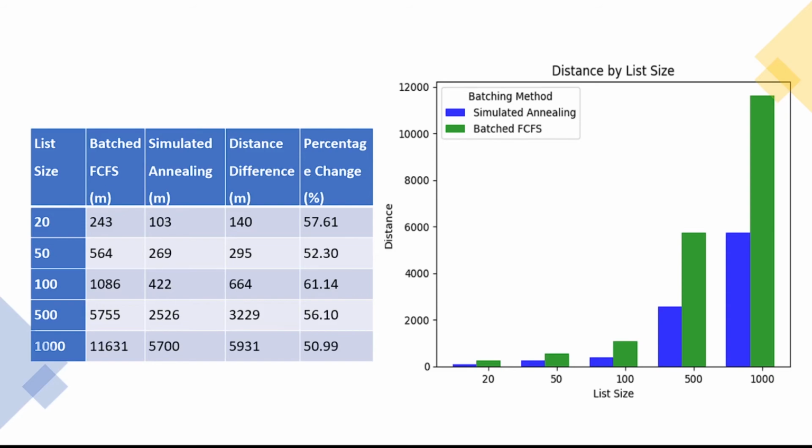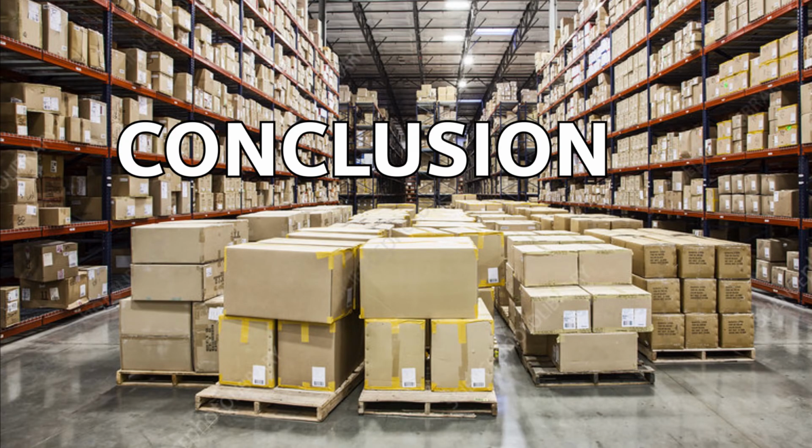In conclusion, this research work proposes the simulated annealing algorithm for optimal batching in a multi-level warehouse. The objectives of this research work are achieved. This research work successfully found an optimized batching solution based on the simulated annealing algorithm for distance travelled with the same randomly predefined order list in a warehouse.